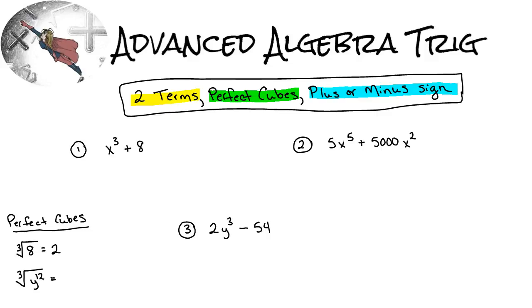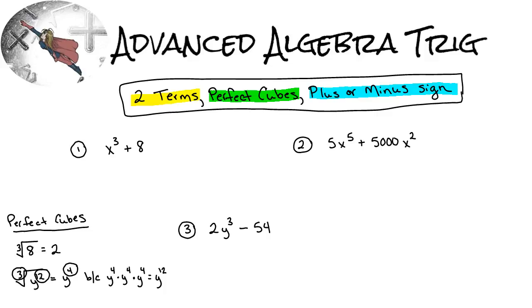Well, that's a perfect cube because the cube root of y to the 12th is y to the 4th. And that is because y to the 4th times y to the 4th times y to the 4th multiplies back again to equal y to the 12th. You can just divide the power by the root that you're trying to take. 12 divided by 3 does equal 4.